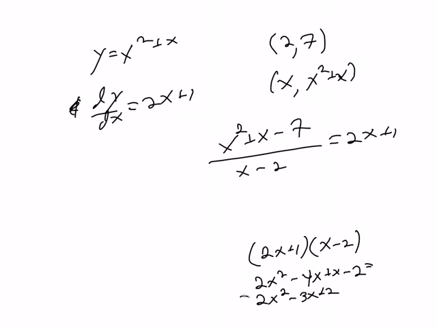And we have that this is equal to x squared plus x minus 7. So now we get x squared minus 4x plus 7 minus 2, I believe, is plus 5. It's going to be 0, right?